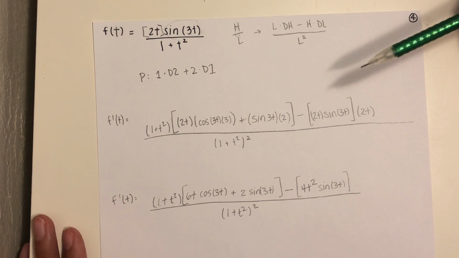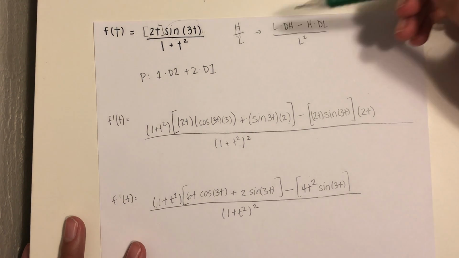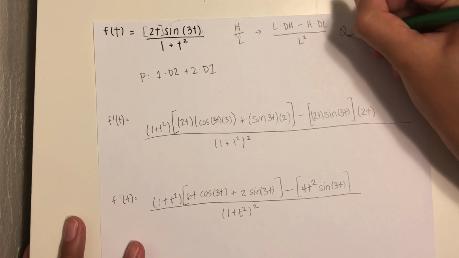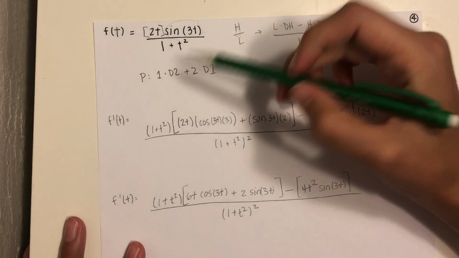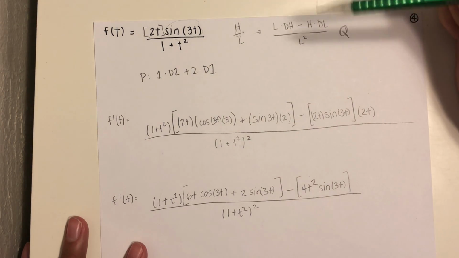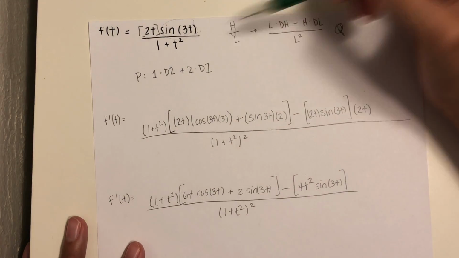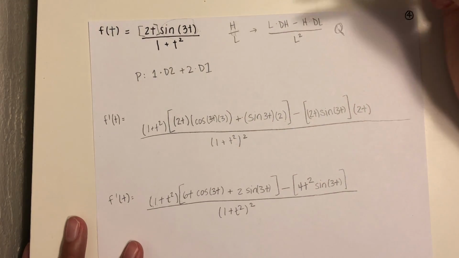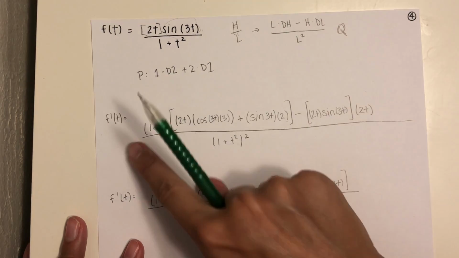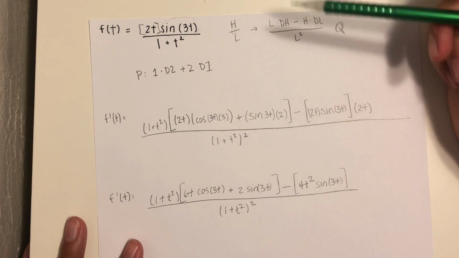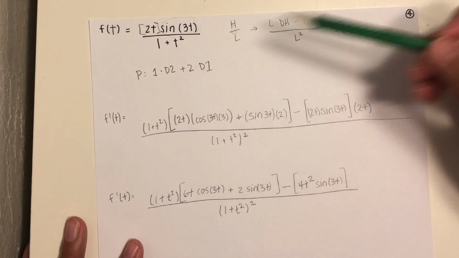The keys to this problem: we're writing out the rules. So this is the quotient rule. This was product rule. You had to identify the rules that you needed in the problem and write them out so that you don't forget them. And then the biggest part was not losing track of where you were inside the rules.